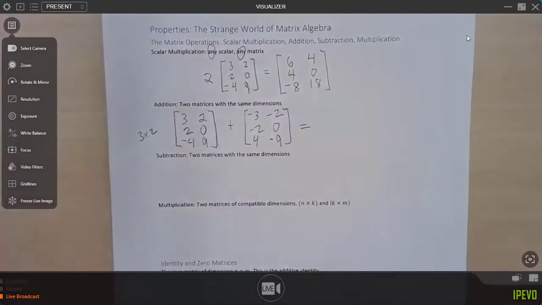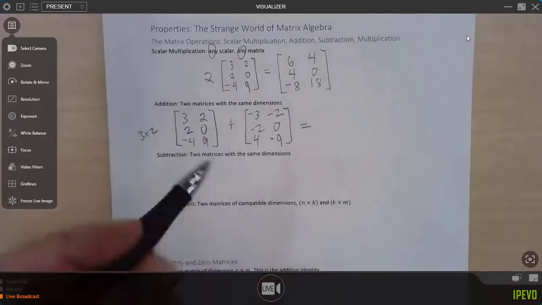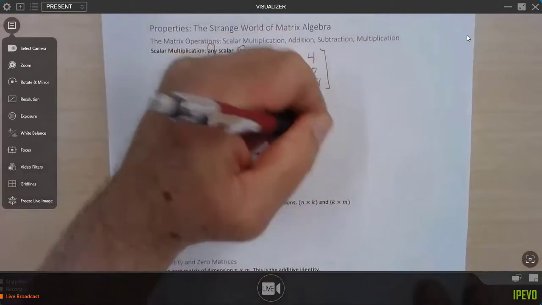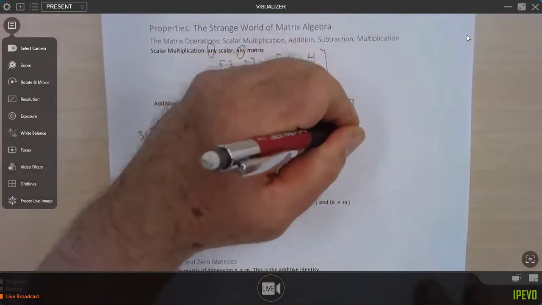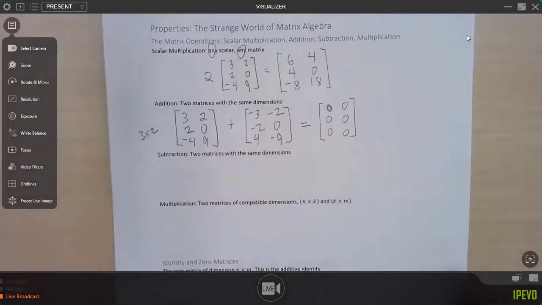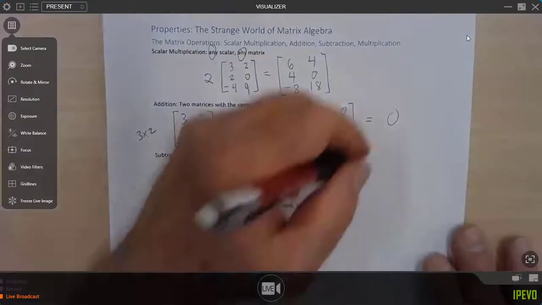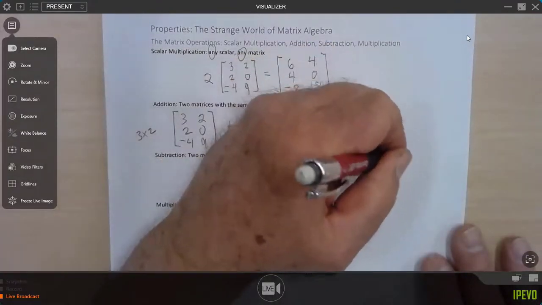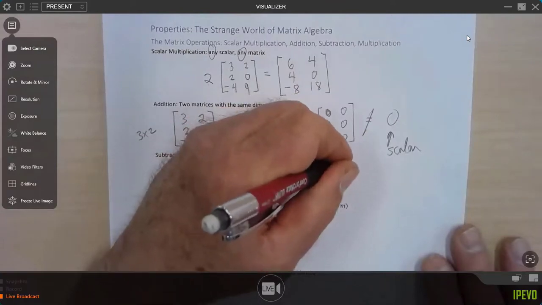And in this case, because it's clearly not random, I've chosen the negative of that one. And if you add this up, you get a bunch of zeros in here. But don't make the mistake of saying, what's the result? Oh, it's 0. No, no, no, no, no. This is a scalar. This is a matrix.